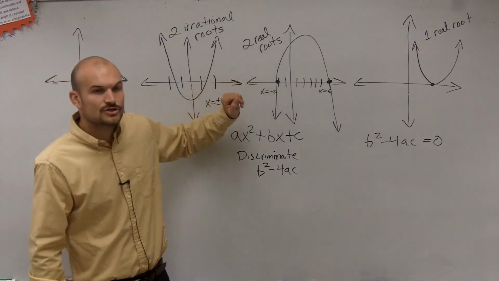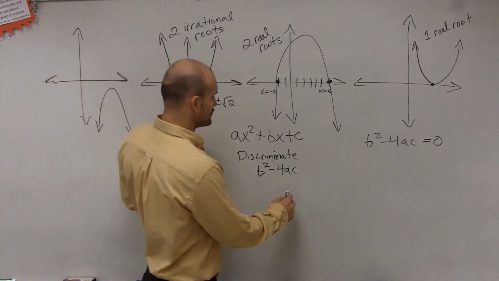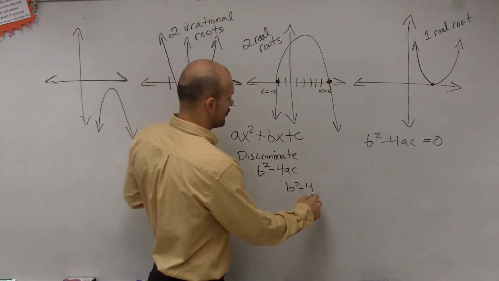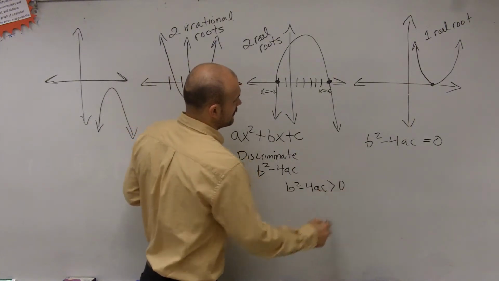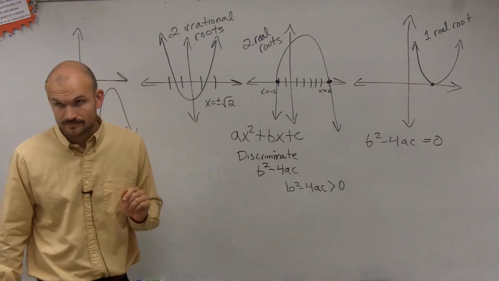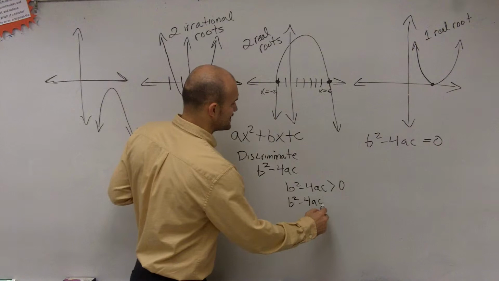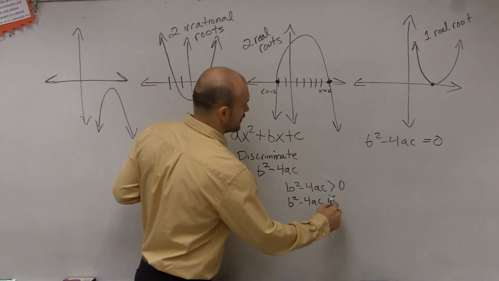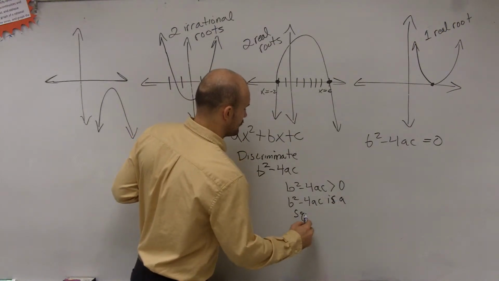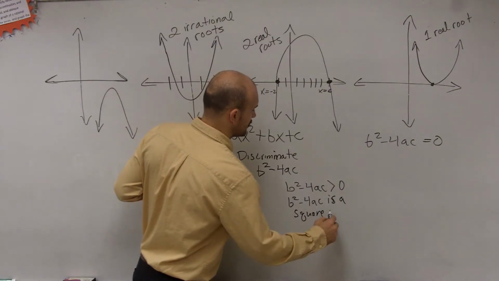When are you going to have 2 real roots? 2 real roots is when b squared minus 4 times a times c is greater than 0, and b squared minus 4 times a times c is a square number.